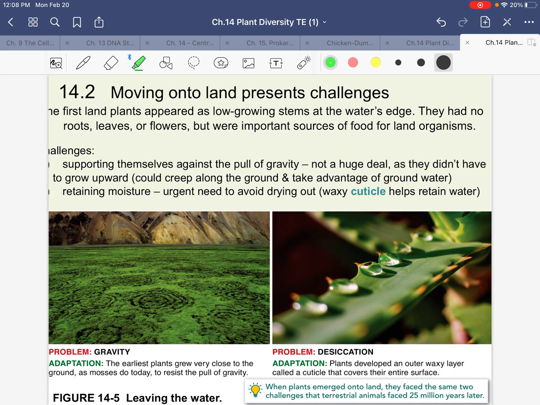Then we talked on this slide about some problems that plants had, and one of the problems was desiccation, or drying out. So the plants got an adaptation called a cuticle that prevents them from drying out.